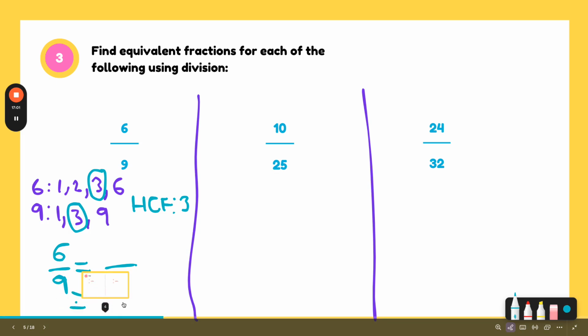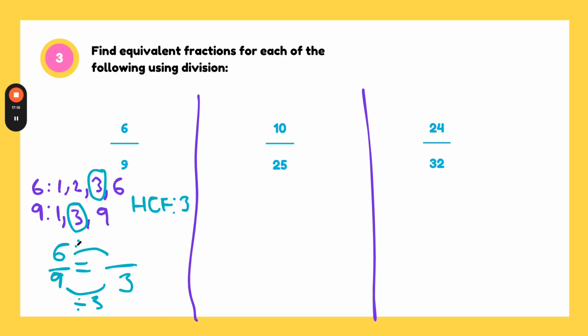So that's 9 divided by 3 is 3, and 6 divided by 3 is 2. So the equivalent fraction using division for 6/9 would be 2/3. So that would be the answer for that fraction.